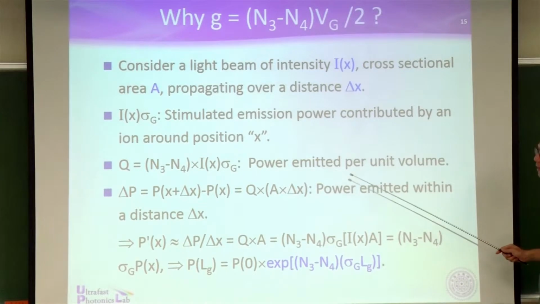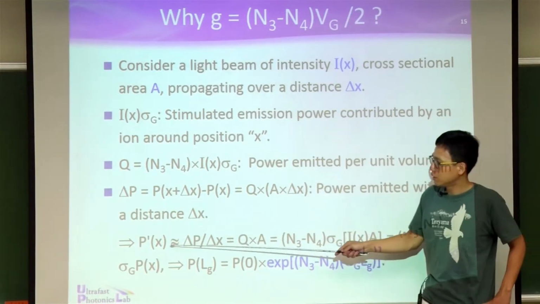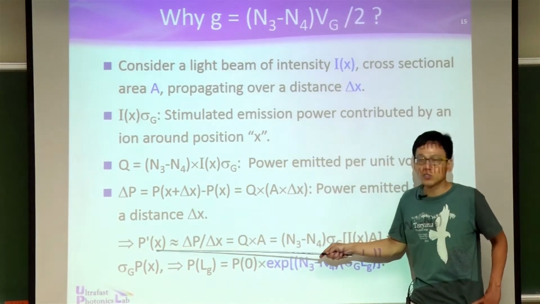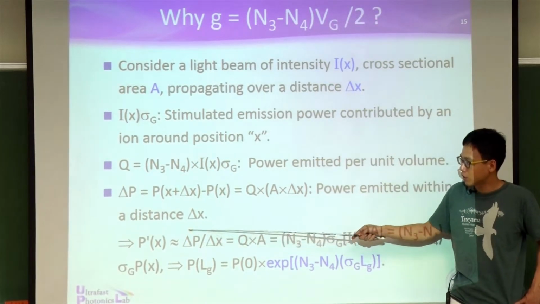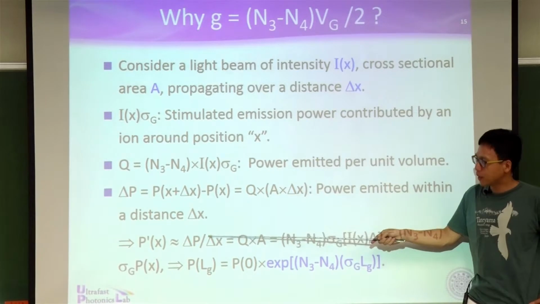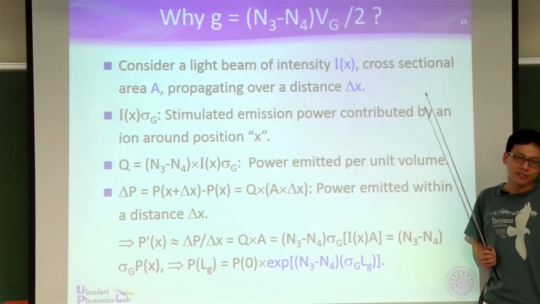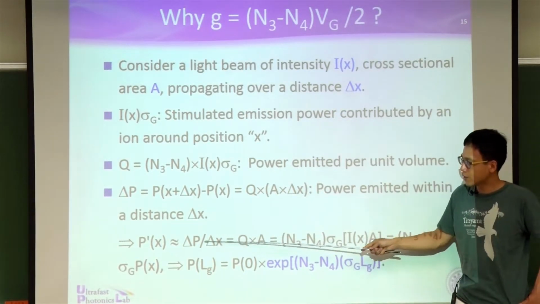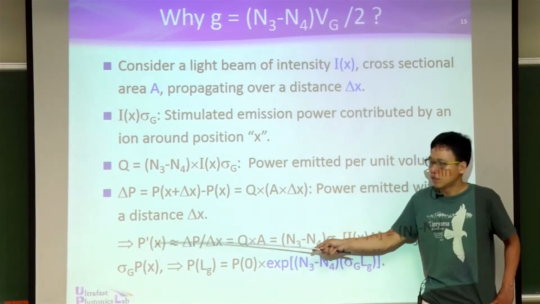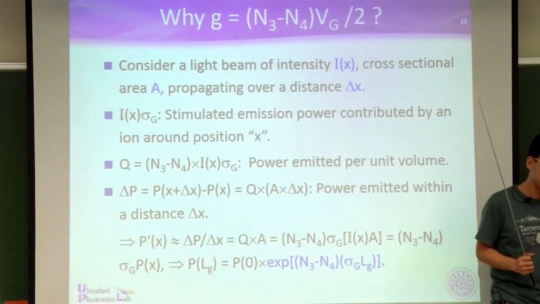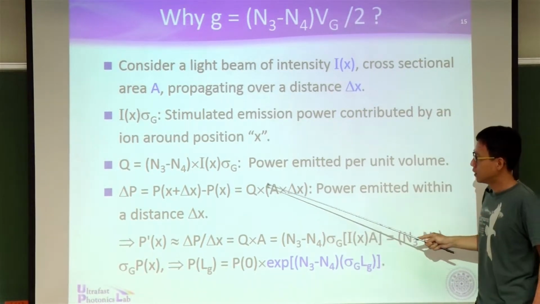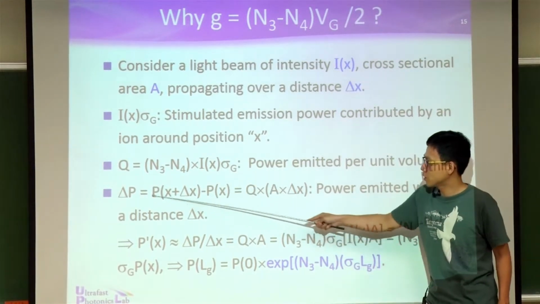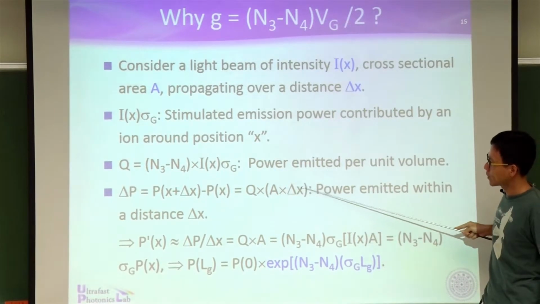What's next? Spatial derivative. P prime of x is the power difference divided by the propagation distance. And if delta x is very small, this is the derivative with respect to variable x, right? And delta P over delta x is this one here.